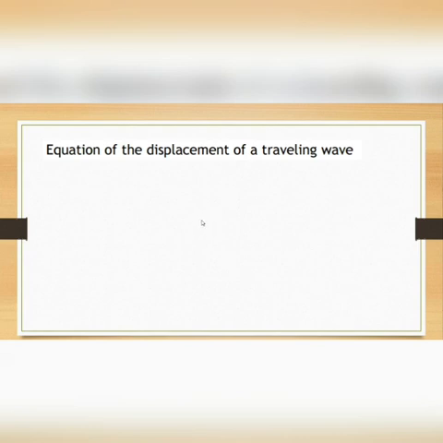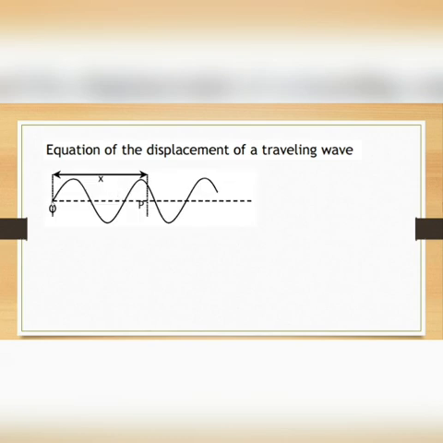Now I will derive the equation of the displacement of a traveling wave. In this figure, we have point O. It is oscillated up and down so that wave is formed. The wave is traveling to the right along x-axis and it travels with velocity v and it reaches point P, which is at a distance x from point O. The displacement of wave at point O can be written as y0 equals a times the sine of omega times t0.